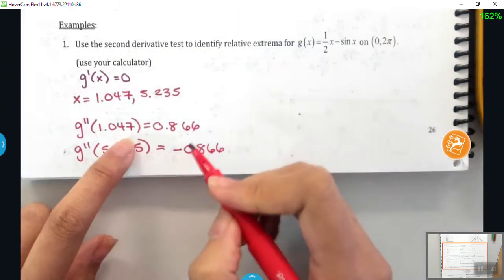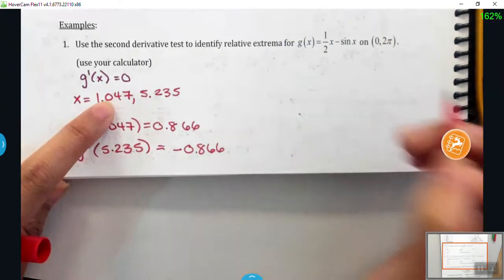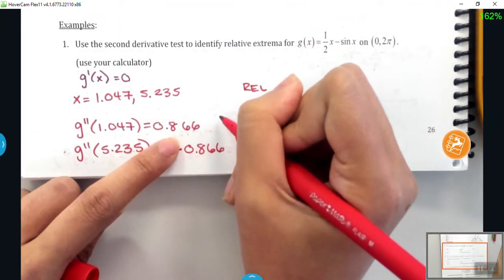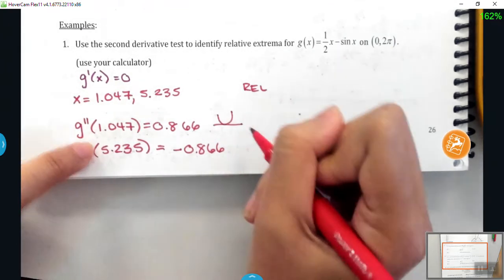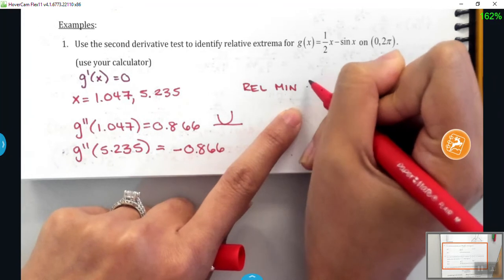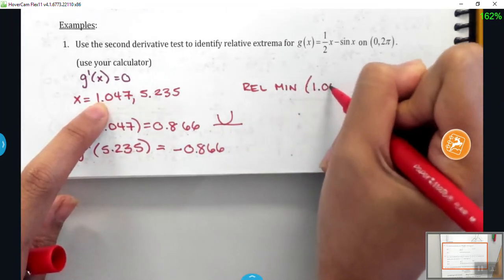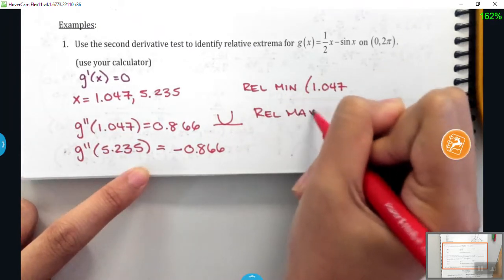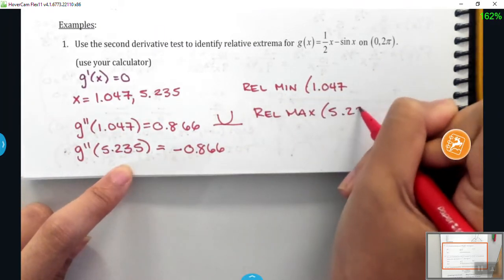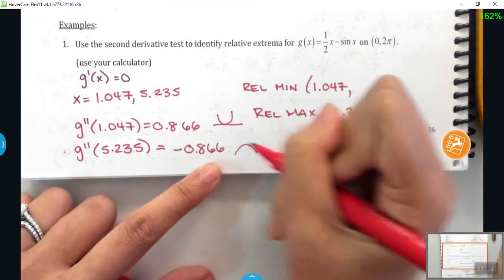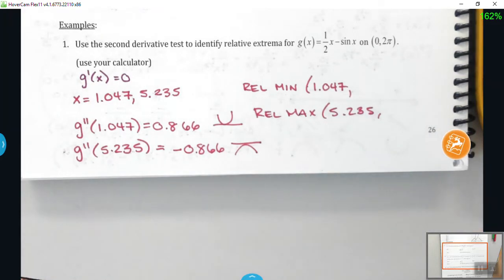So this one means that at 1.047, I have a relative, okay, so 0.866 is concave up. So I have a relative min at 1.047. And I have a relative max at 5.235 because this one's concave down and a horizontal tangent line, so I have to have a relative max there.